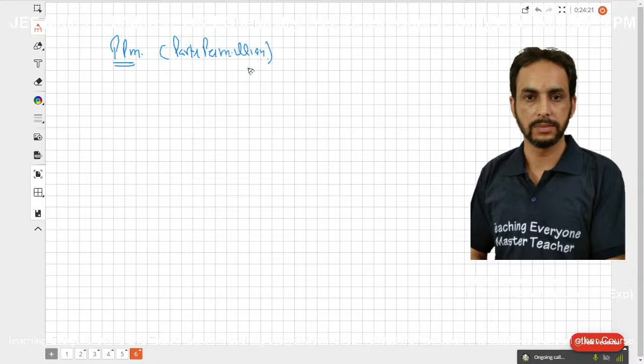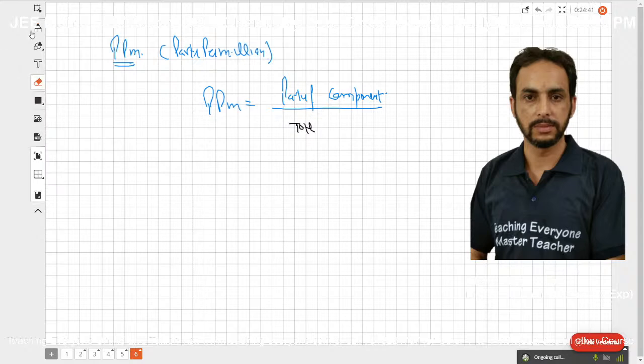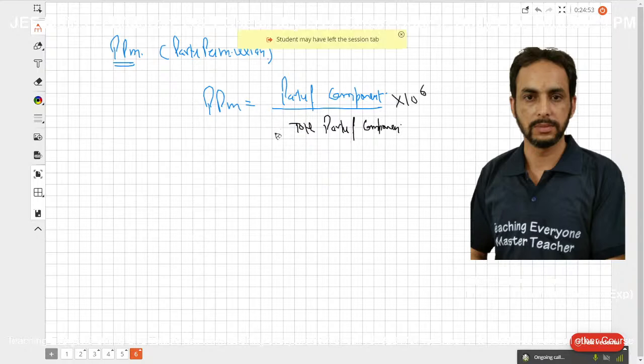So ppm equals parts of component, that may be weight or volume, divided by total parts of component, into 10 raised to power 6. Got it?